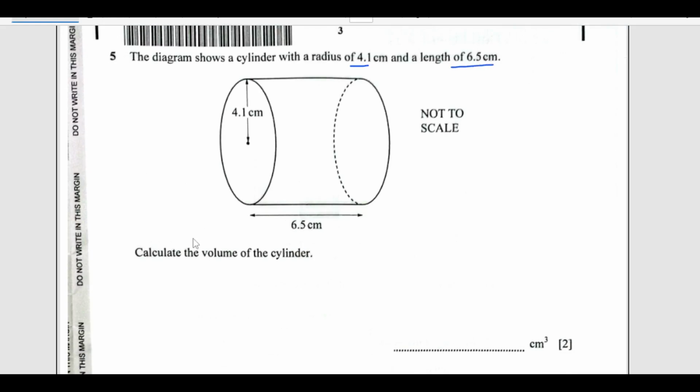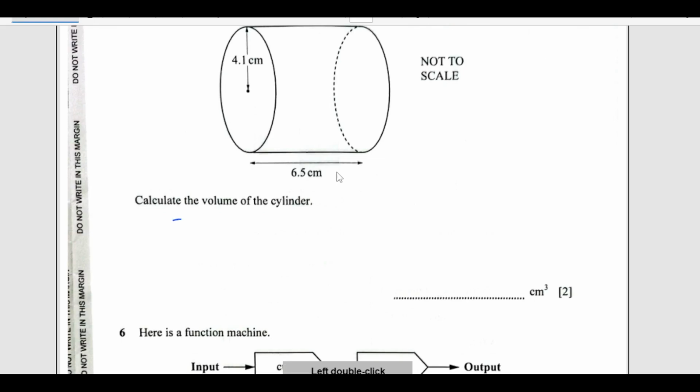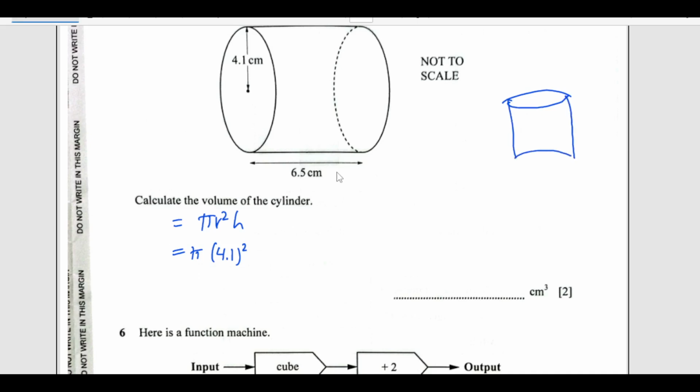Now number 5, the diagram shows a cylinder with radius of 4.1 and length of 6.5 centimeters. Calculate the volume of the cylinder. The formula for the volume of a cylinder is pi r squared h, right? The radius is 4.1 squared, and h will be 6.5, because if you turn it this way, this becomes the height.